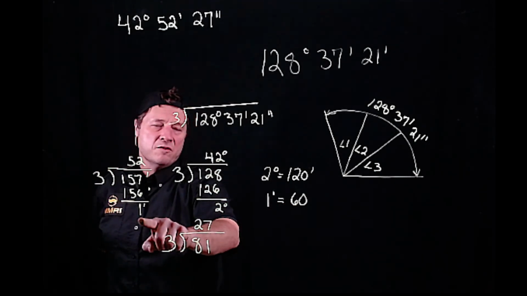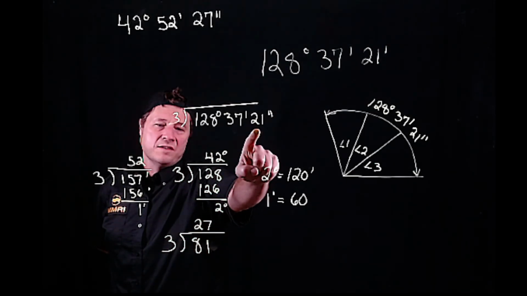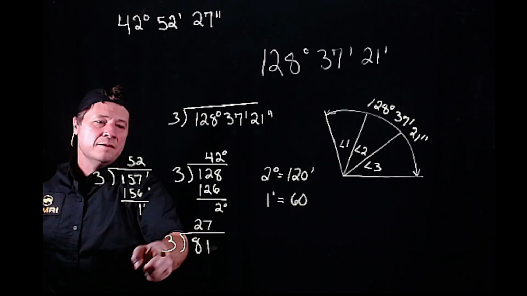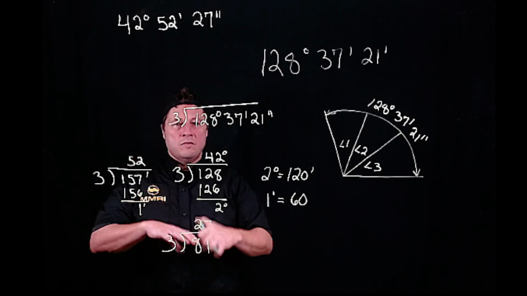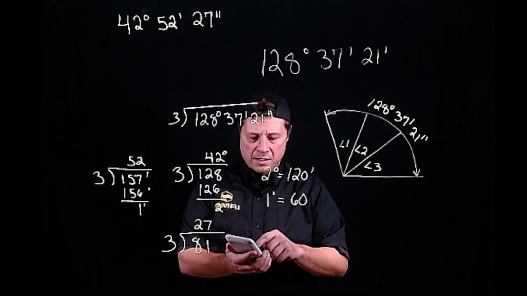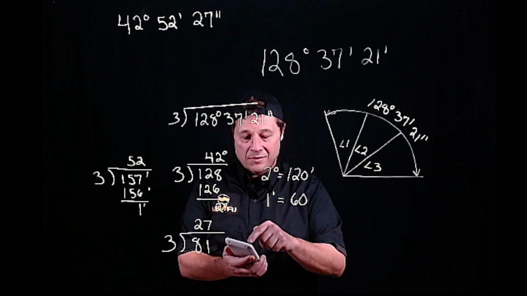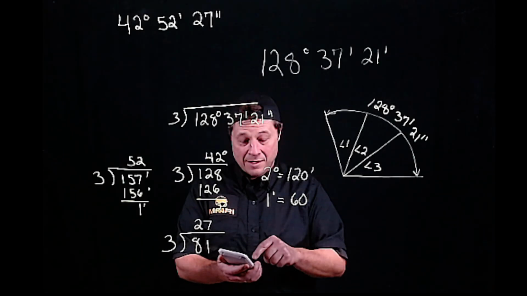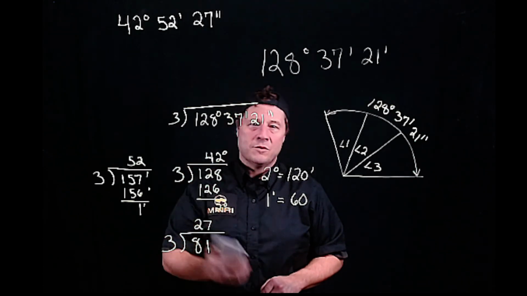So I take my remainder of 1 minute, change it to 60 seconds, and add it to my 21 seconds, which gives me 81 seconds. Divide by 3, I get 27 seconds. So to do this longhand is important. And let's face it, you can take 128, hit the degrees, minutes, seconds button, 37, hit the button, 21, hit the button, divide by 3, and you get 42 degrees, 52 minutes, 27 seconds.